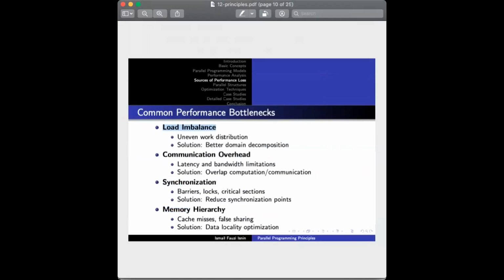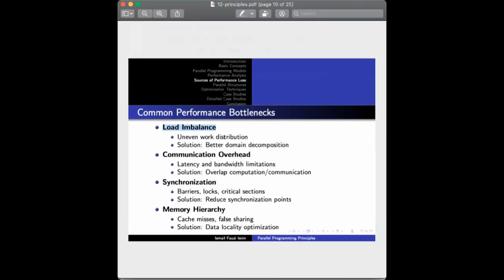The solution requires implementing a better domain decomposition strategy to balance the computational weight evenly. That's load imbalance. For communication overhead, this bottleneck stems from latency and bandwidth limitations when data travels across a network.